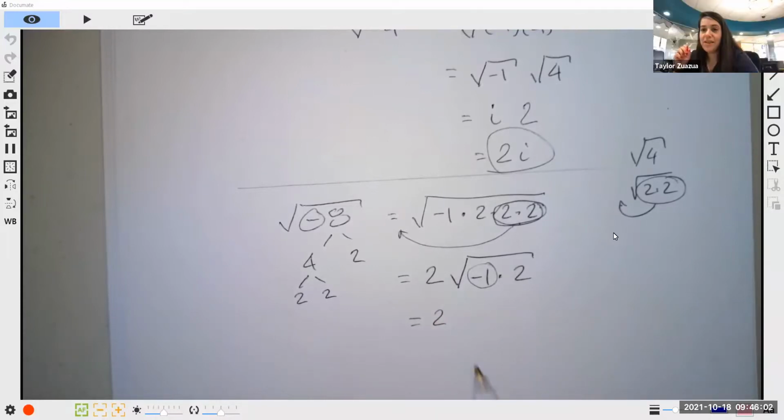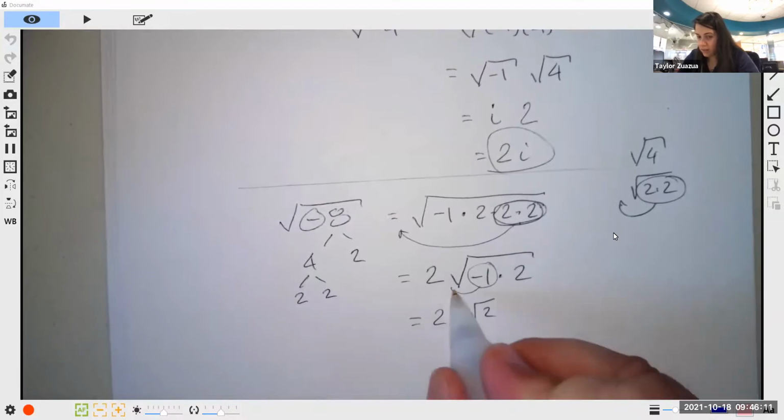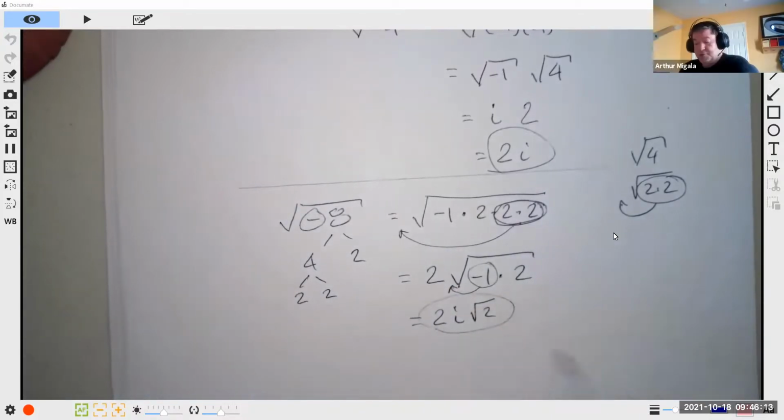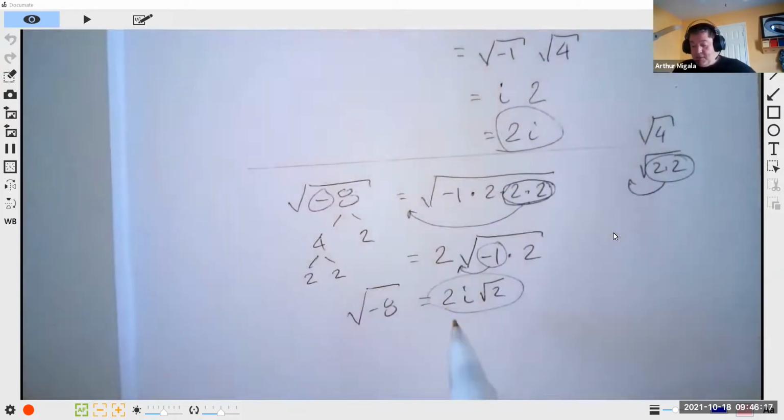It comes out as an i. And there's your final answer. So the square root of -8 is actually 2i radical 2.